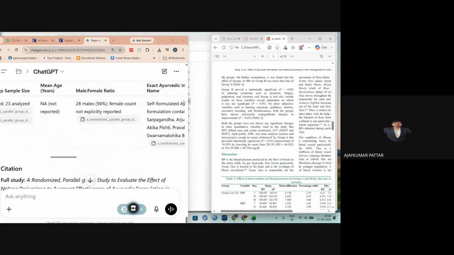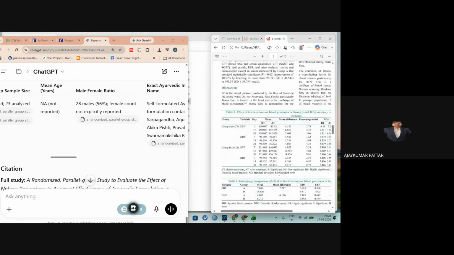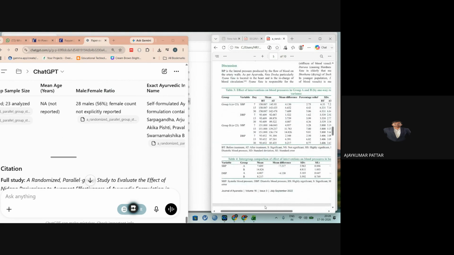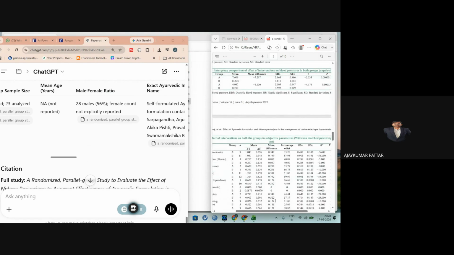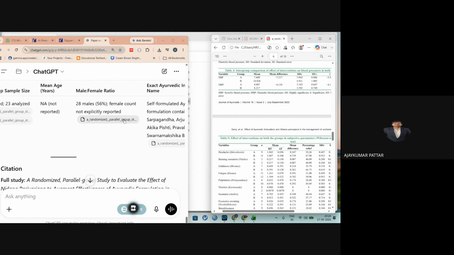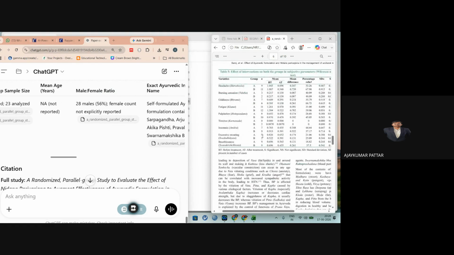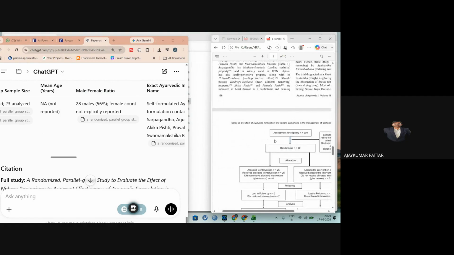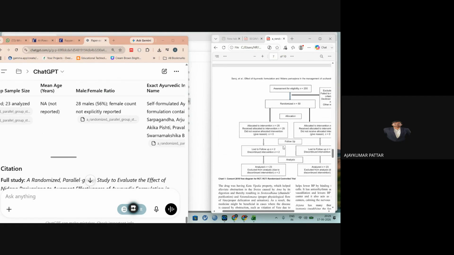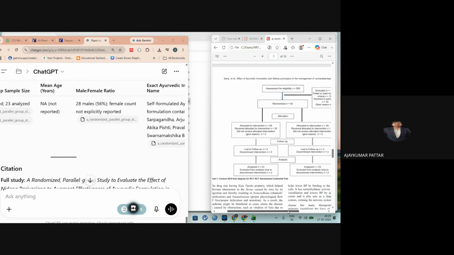That's why the mean age is not taken by ChatGPT. Then the male-female ratio: whether they have mentioned it somewhere in the methods, or in the descriptive statistics, or even in the results. That's why it has taken 28 males, but they have not given the females. Then we have to calculate.